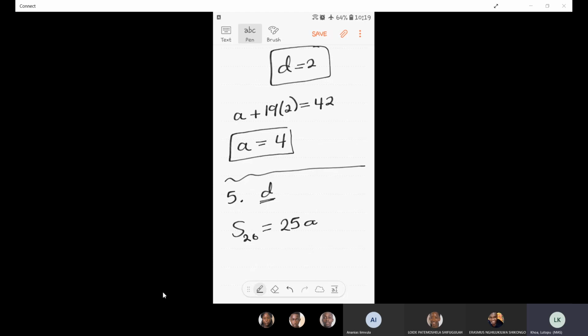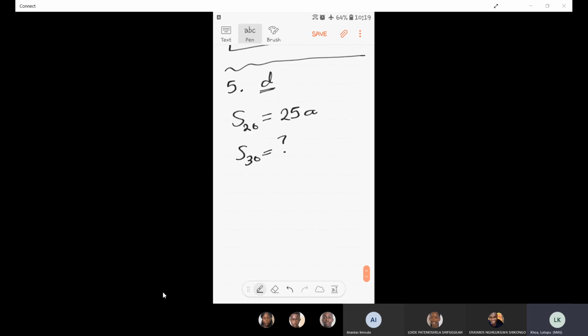Now we have to find in terms of D the sum to 30 terms. So we have to find S30. Okay, so read the question, make sure you understand it, and then translate that into equations that you can solve. So we know that S20 is 25A.